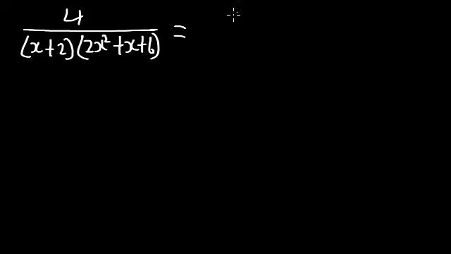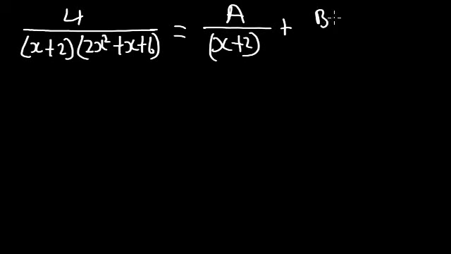Therefore, we'll have a constant term a for the linear term x plus 2, and we have the quadratic constants bx plus c for the quadratic factor 2x squared plus x plus 6.